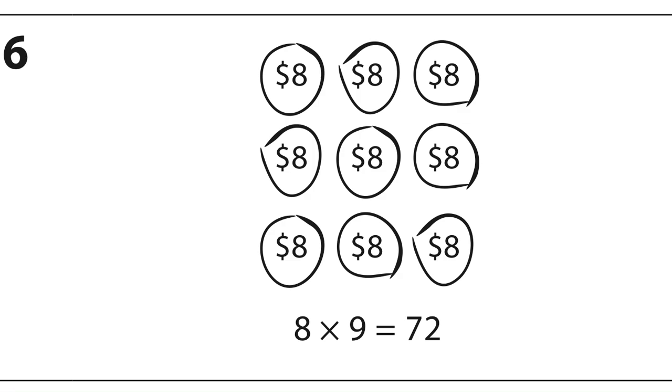Or maybe it's 9 people going to the movies and each ticket costs $8. How much money do you need to bring to the movies so that all 9 people can get in? Well, maybe all of these represents one ticket, right? Because there's 9 circles, 9 tickets. Well, looks like you're going to be spending $72.